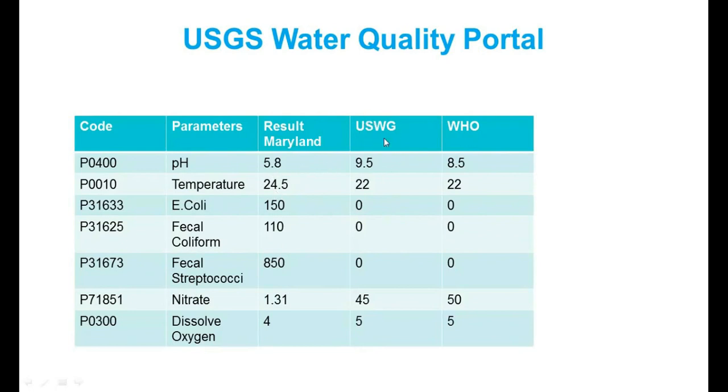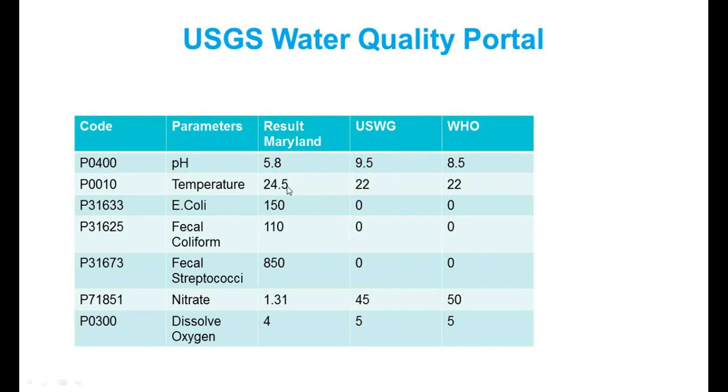According to the US, actually, pH does not have a particular guideline, because sometimes it's just about a range between 6.5 and 8.5. But the US states that this parameter should not exceed 9.5, so we choose 9.5 as the value for our data. And then we have WHO, which is from 6.5 to 8.5, so we choose the last value, 8.5.